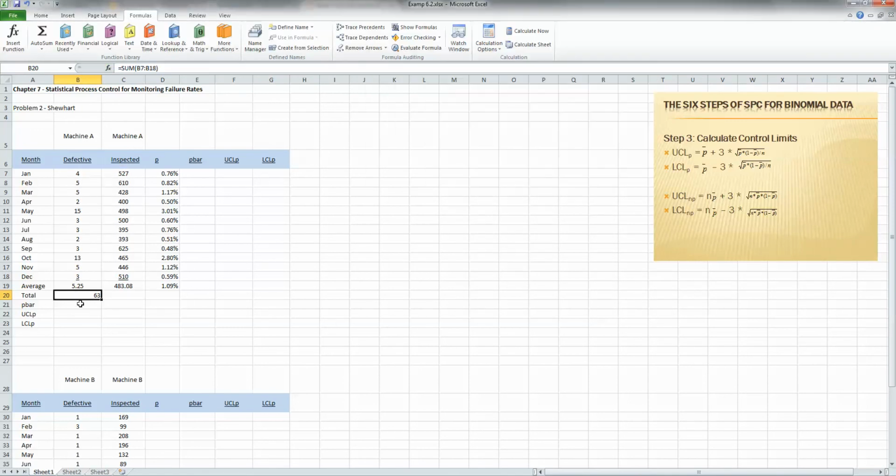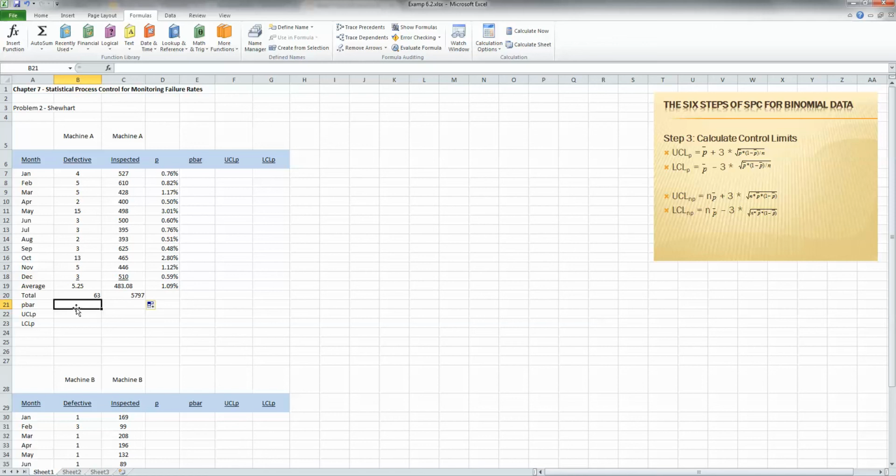So there was a total of 63 defective machines over the year. And then we can copy this across, and there's a total of 5,797 machines.